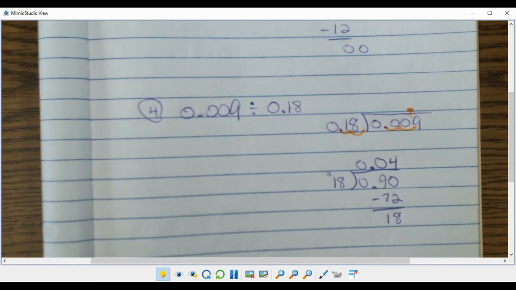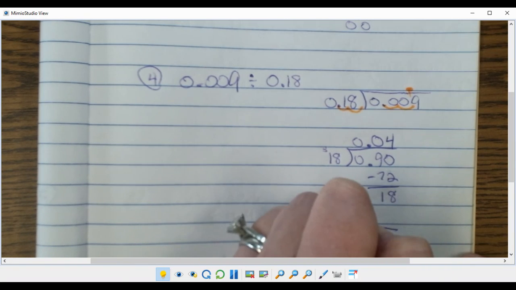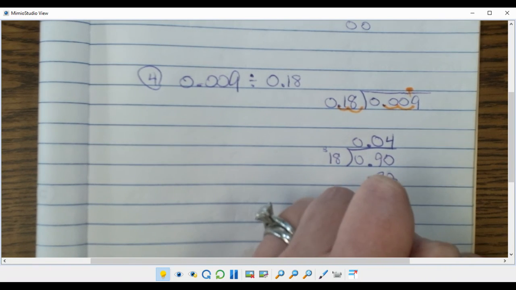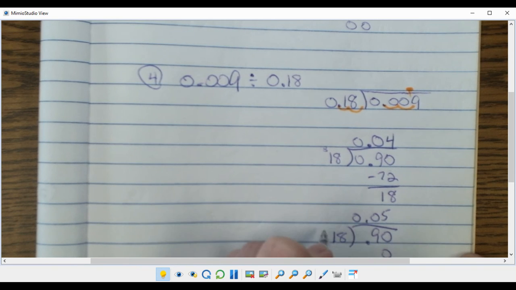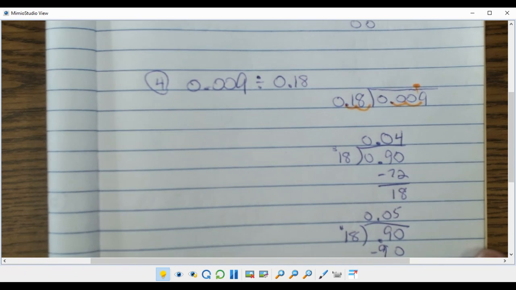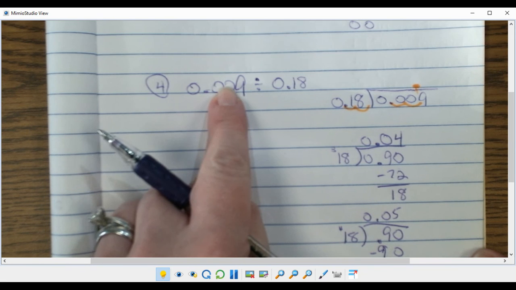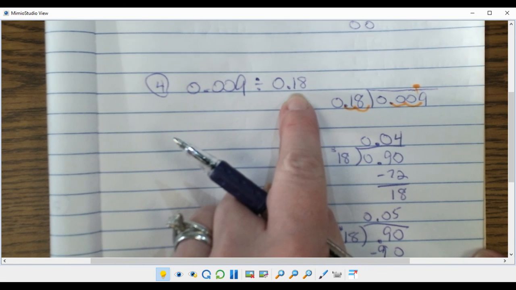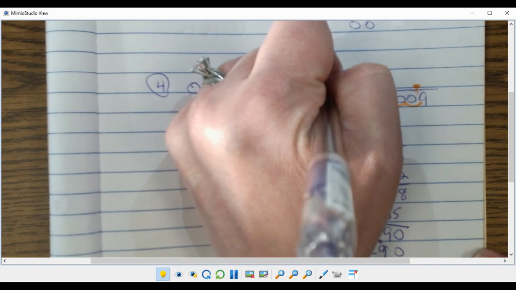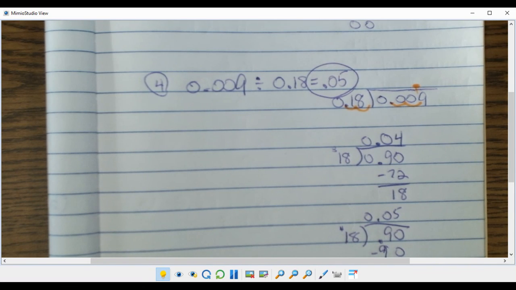Got to try that one again. It's 5. 5 times 8 is 40. 5 times 1 is 5, plus 4 is 9. So the original problem, 9 thousandths divided by 18 hundredths, is 0.05 or 5 hundredths.